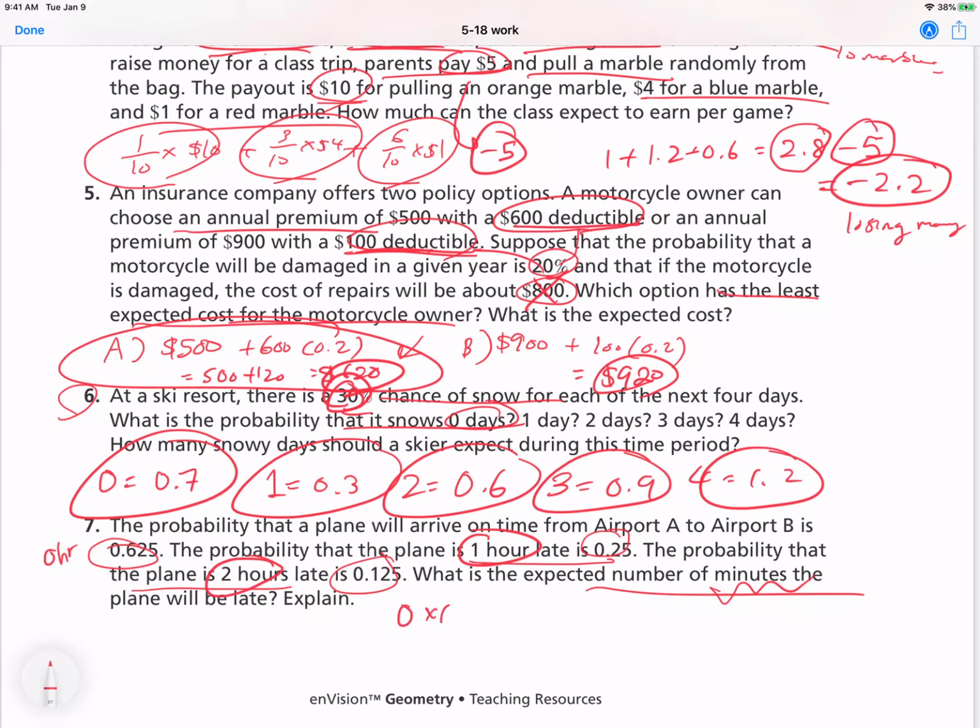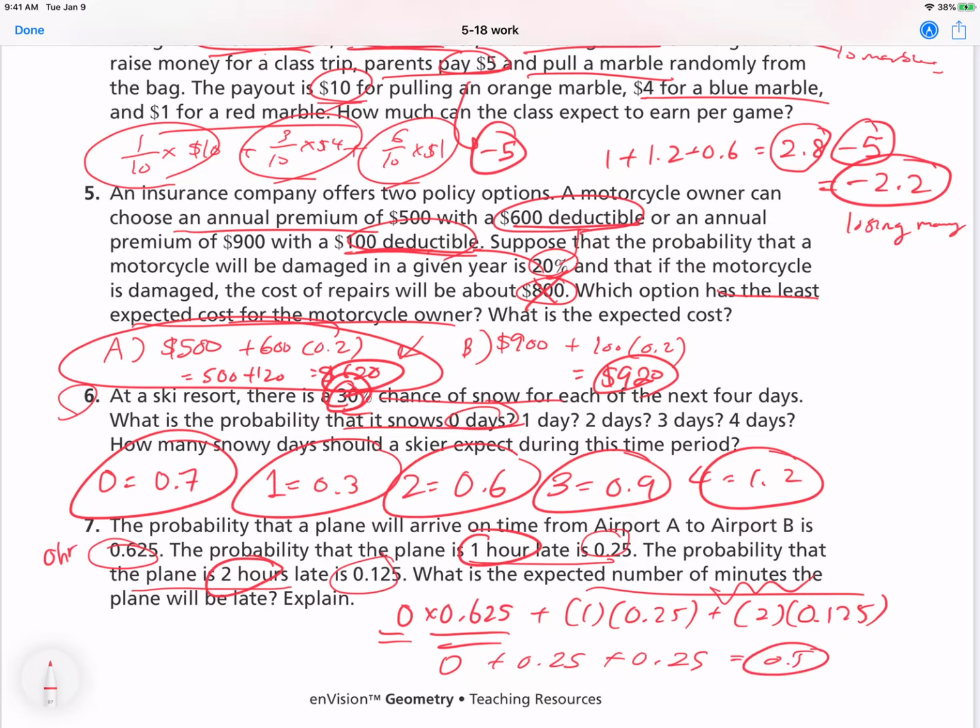So you're going to do 0 times 0.625. Remember, the value times the probability, plus the value times the probability, plus the value times the probability. And if I do that, this just becomes 0 plus 0.25 plus 0.25 once again. That would be 0.5 hours, which converts into 30 minutes.